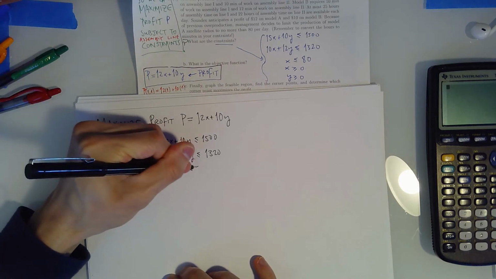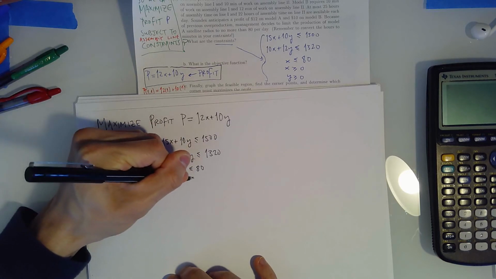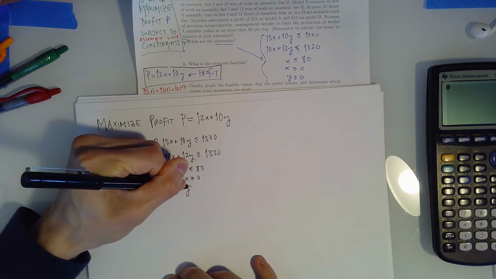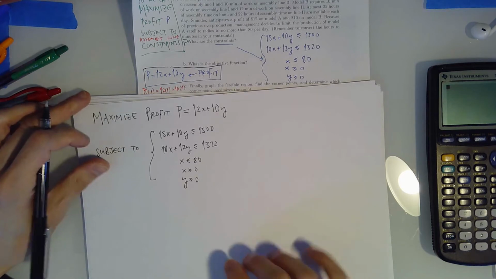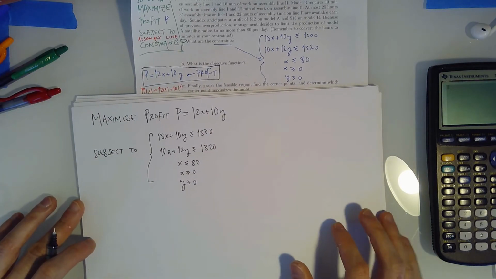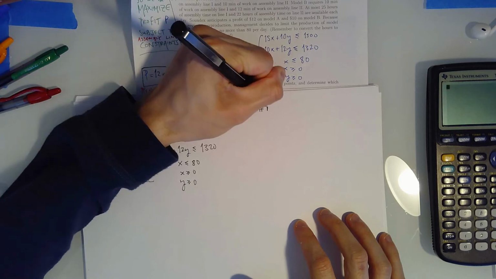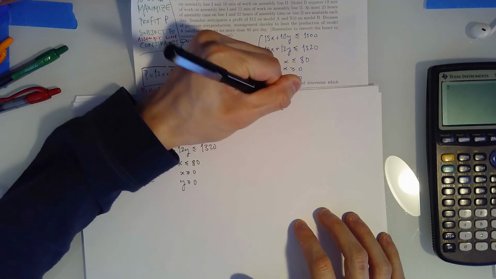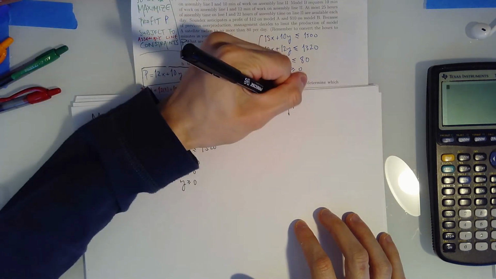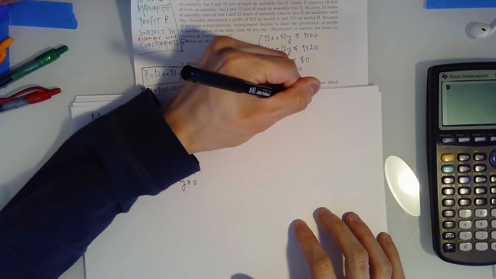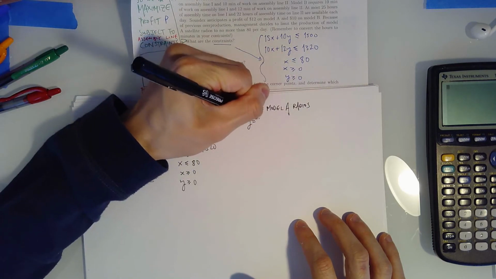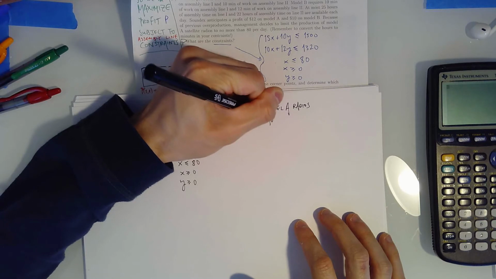Even before you do this, what we should really be doing is writing down our variables, defining our variables. So even before I did all this, I should have said that x is the number of Model A radios, and y is the number of Model B radios.